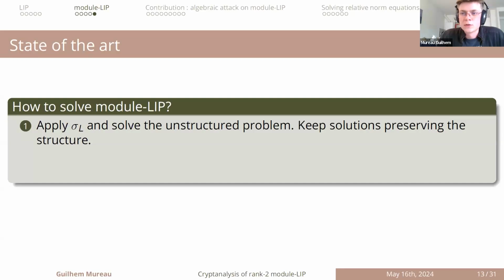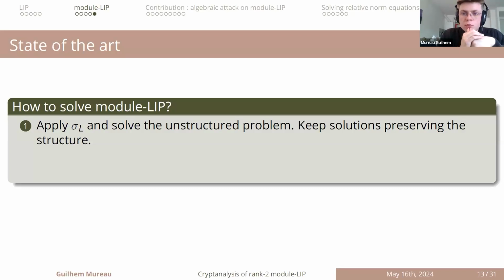You can apply the embedding into R^n. So you will get a Euclidean lattice, and you can solve the problem with the embedded lattices using the algorithms we saw for the unstructured problem.